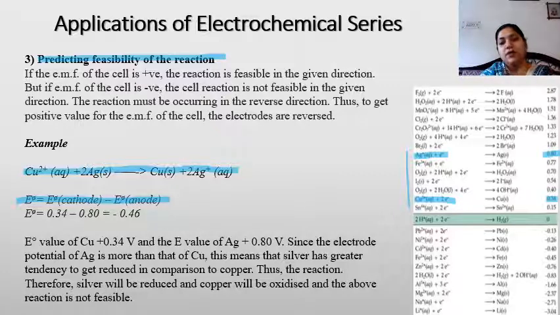So obviously in this pair, silver will get reduced and copper will get oxidized. But in this equation, copper is getting reduced and silver is getting oxidized, which is not possible from the values too. So in this way we can predict whether a reaction is possible or not.